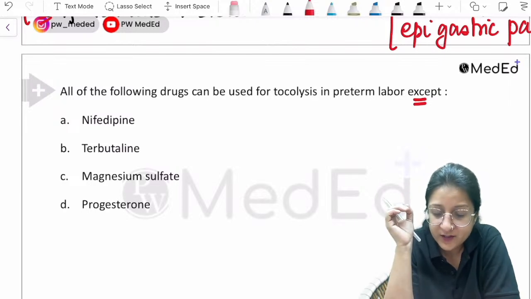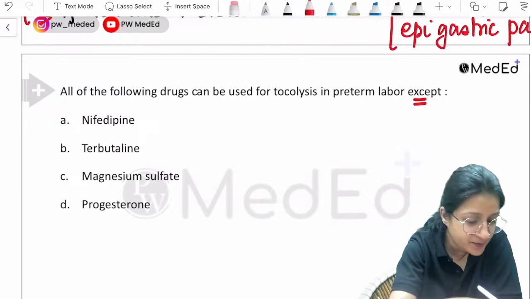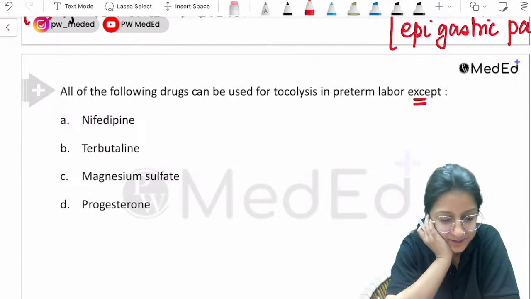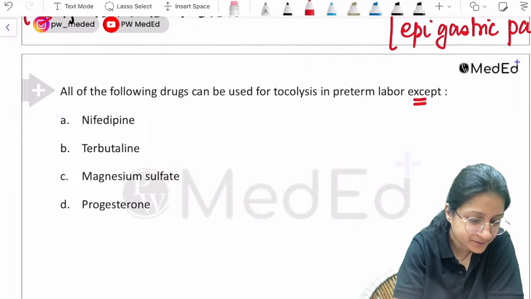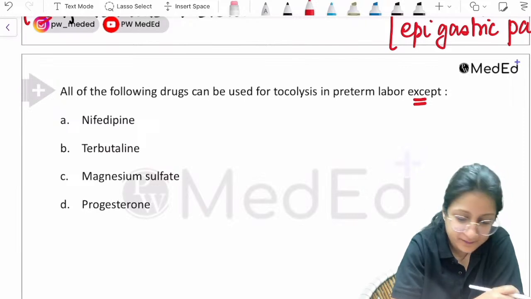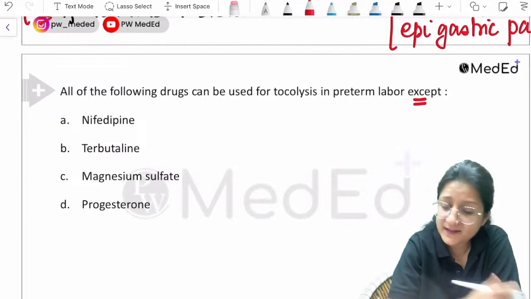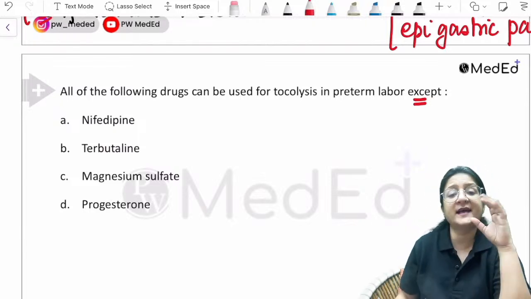So all of the following drugs can be used for tocolysis except, all can be used except.